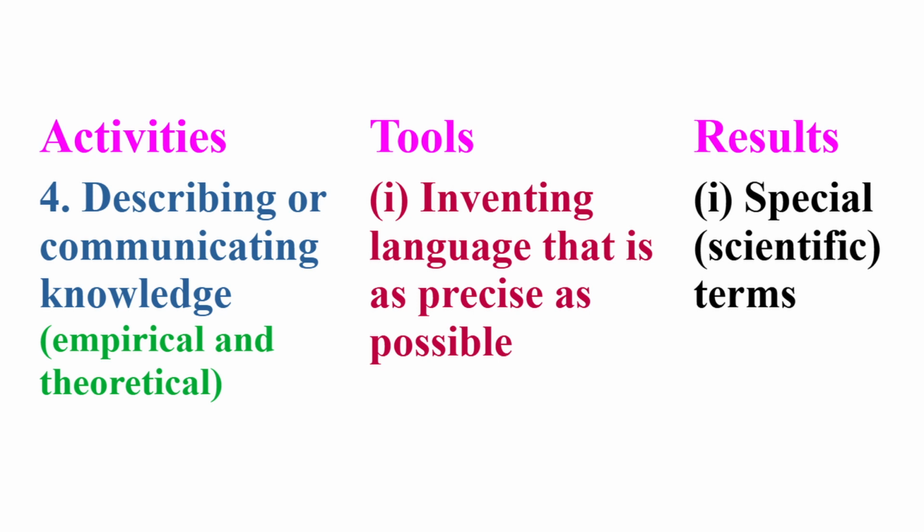The fourth and last major activity of the scientific process is describing or communicating knowledge in a proper and an efficient way. The knowledge in question may be empirical or theoretical in nature.